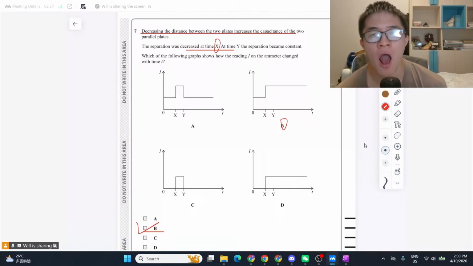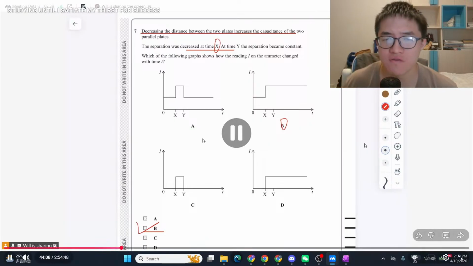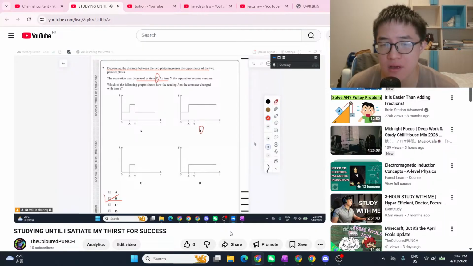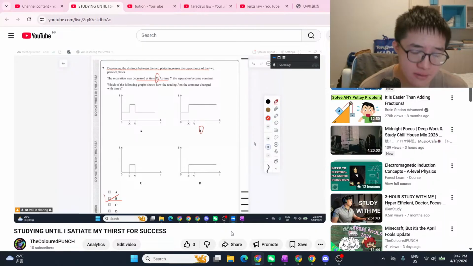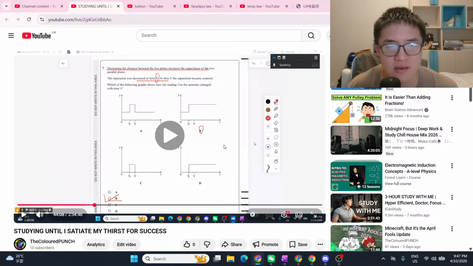I think current increases because there's a new formula, I think. There's capacitance equals current over 4 pi epsilon r squared, I think. Current increases because the charge increases.